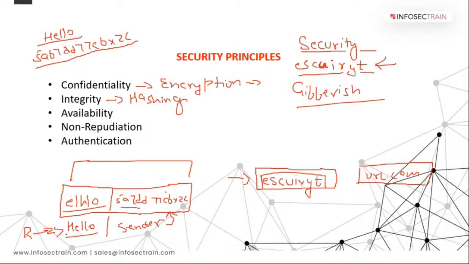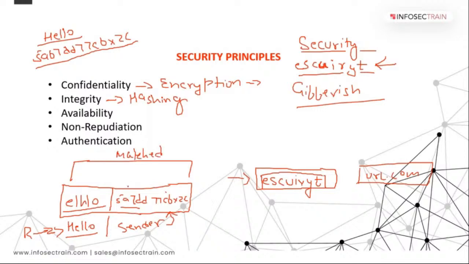So these two things are there. Clear, everyone? Now he will compare both of the hashes: the one he calculated and the one sent by the sender. Now he has compared both of these hashes and these hashes matched.